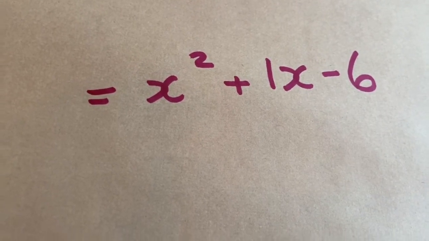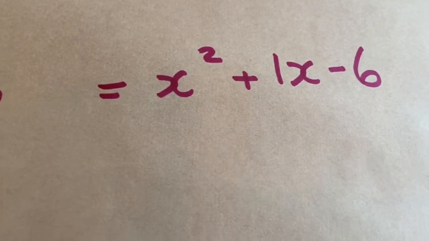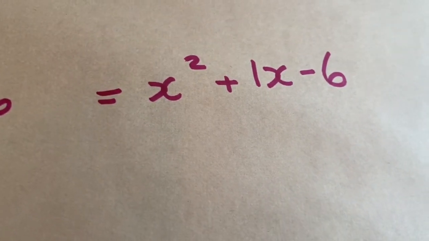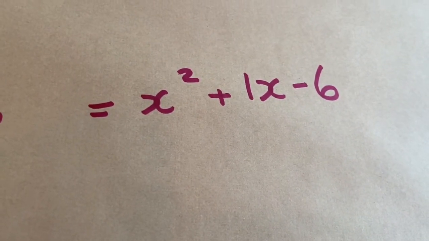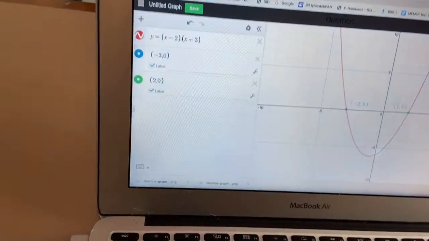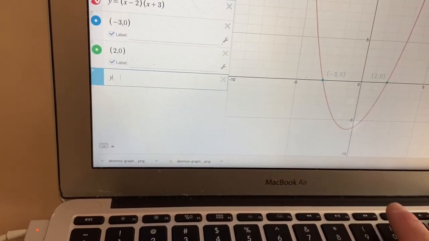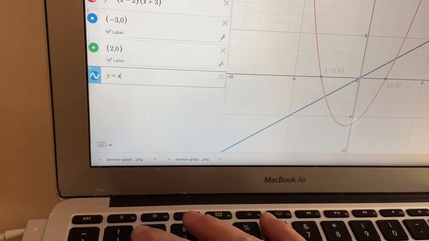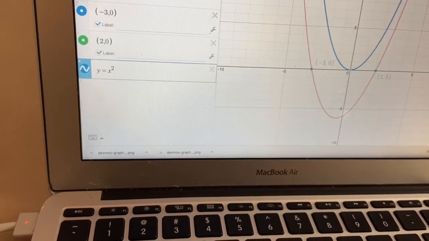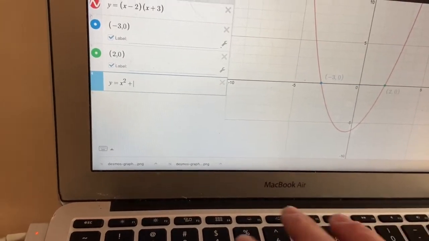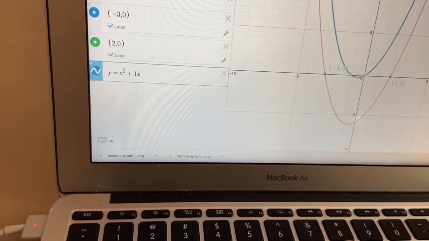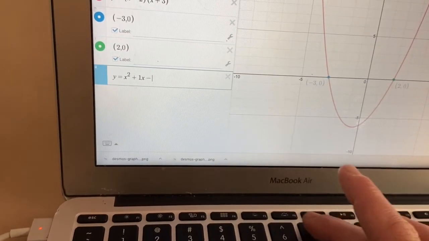Because these two equations are the same, they're just written in a different way. So we want to write down x squared plus 1x minus 6 in Desmos. So here I am, and I'm going to enter y equals x squared plus 1x minus 6.